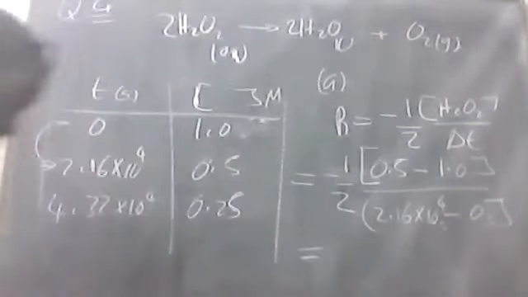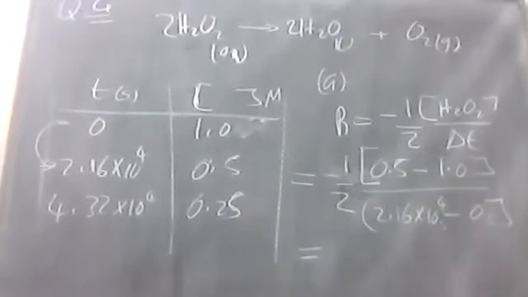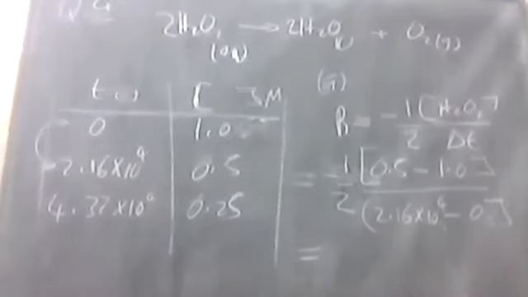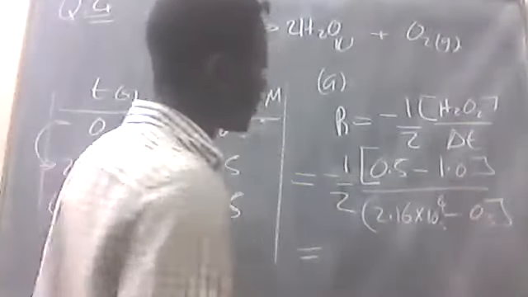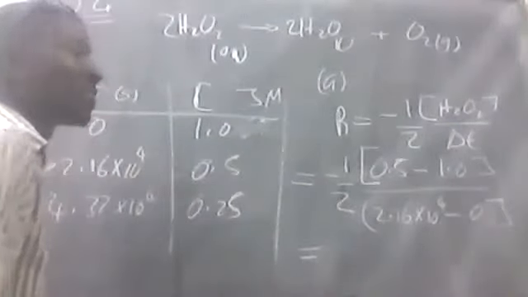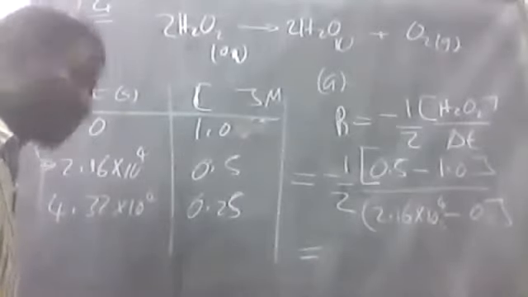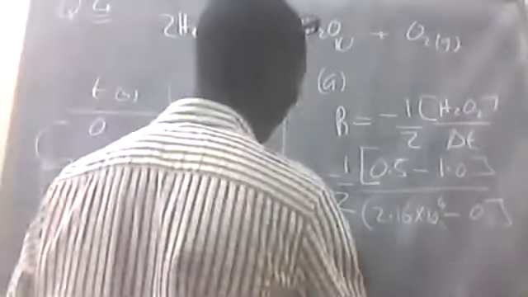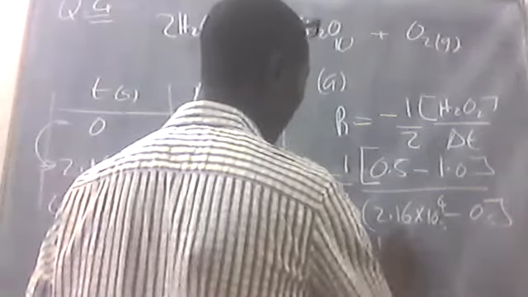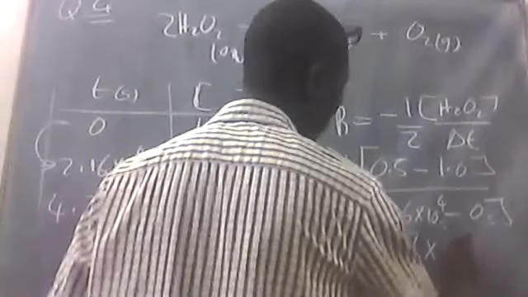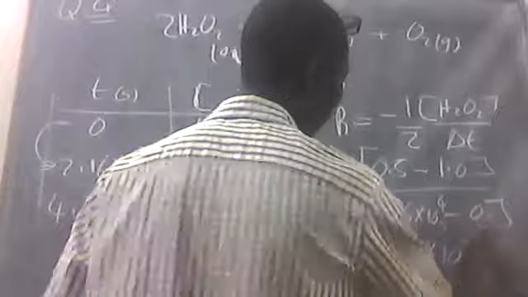If you do the calculation, what value are you getting? Because this will give you negative 0.5 in the numerator, and you get 1.157 times 10 to the power negative 4.